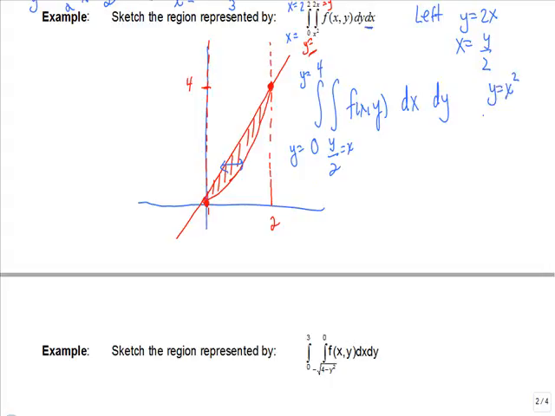Again, I have to solve that for x, so that would actually be x equals the square root of y. And I'm on the positive side, so it would be positive square root of y. And again, the items that contain the y are what I would keep, so I would actually be integrating from y over 2 to the square root of y.